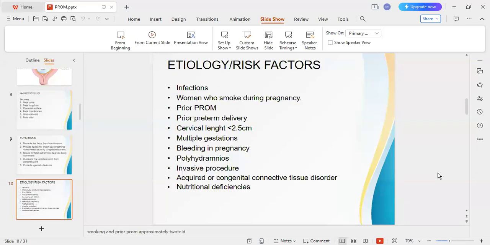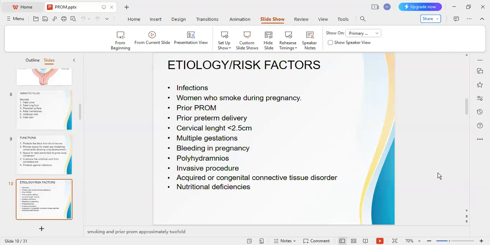When it comes to the etiology, what causes PROM, it is not entirely known, so it's idiopathic. However, there are certain risk factors that can predispose a patient to having PROM. So we have infections, be it ascending infections from gonorrhea, chlamydia, or vaginosis.